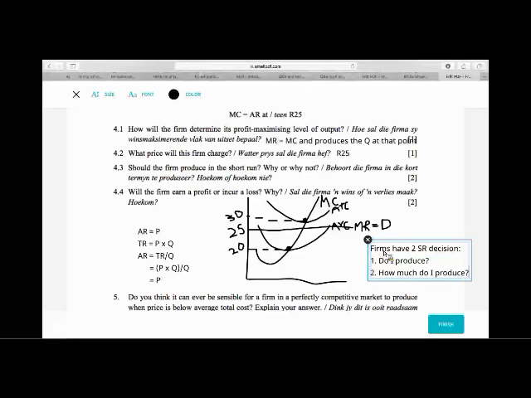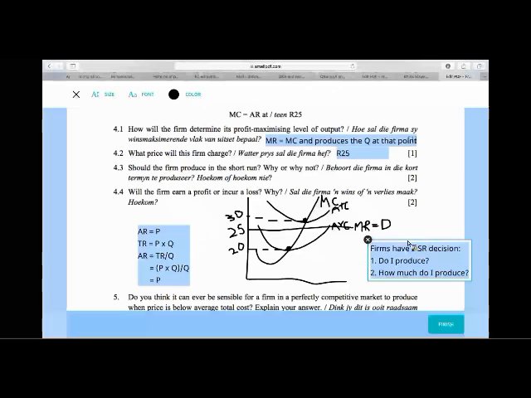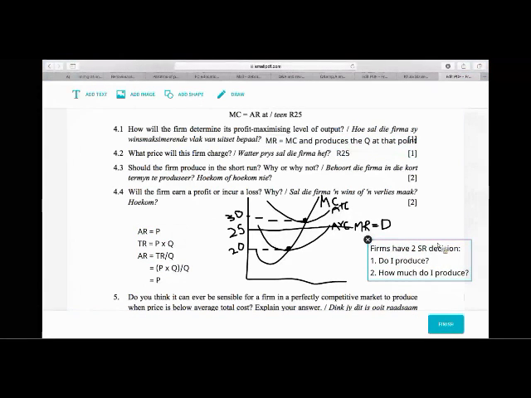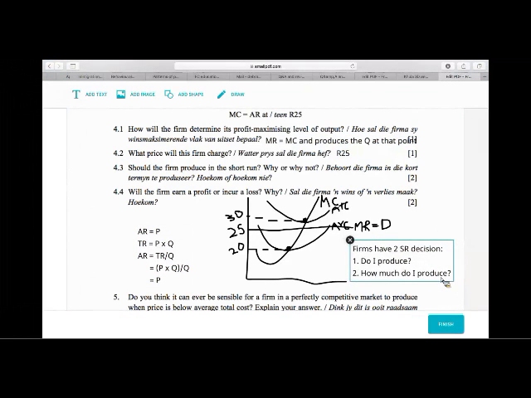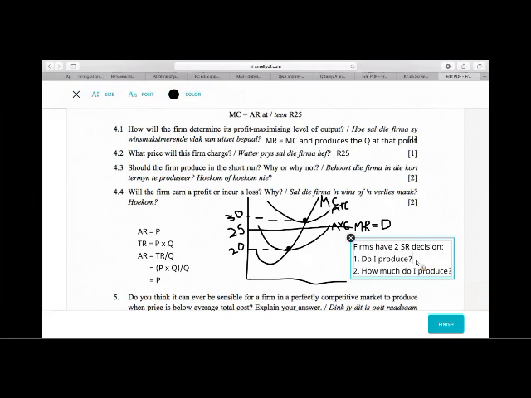The first decision is about shutdown. So the first decision is basically you saying, well, does it make sense to stay open? Will I have enough business to cover the cost of being open? So the cost of being open and producing is the variable cost, the fixed cost you have to pay irrespective.